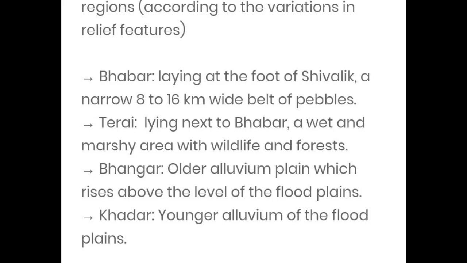This is called Bangar. It is an old alluvium plain which rises above the levels of the floodplains. This area covers the largest part of the northern plains. The area is fertile, but it is made up of old alluvium, which means the formation is very old.